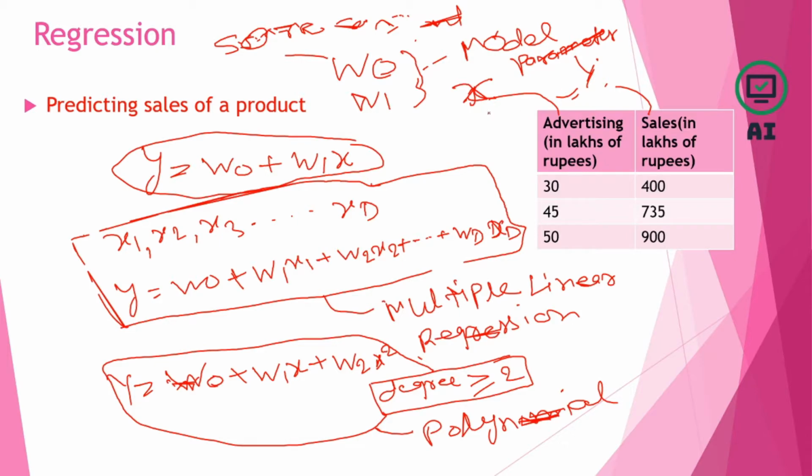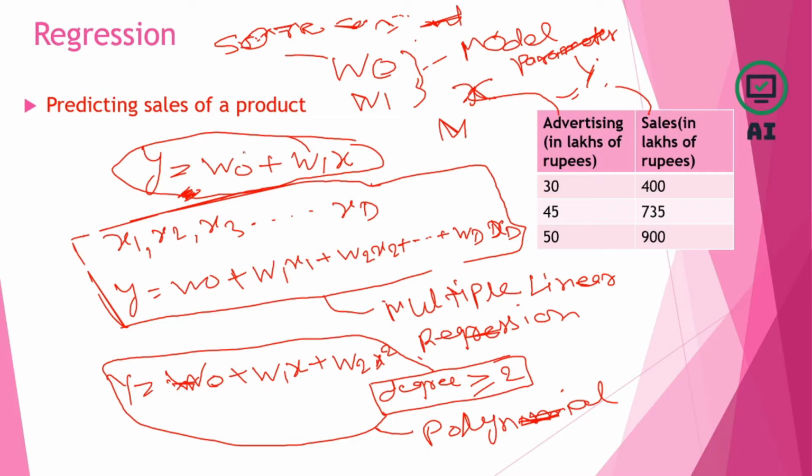If we assume that sales is linearly related to advertisement, that means y is linearly related to x, then y can be written as w0 plus w1x, where w0 and w1 are model parameters, some constants.